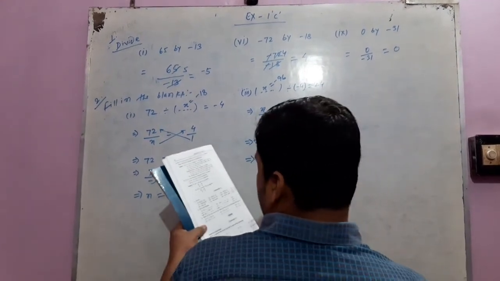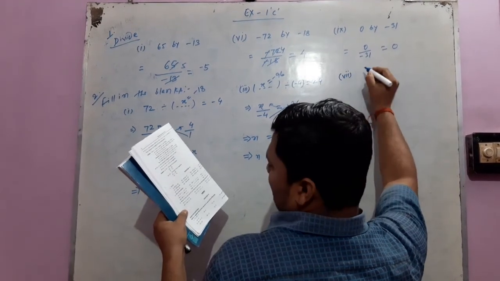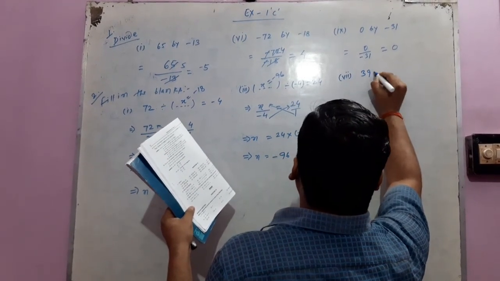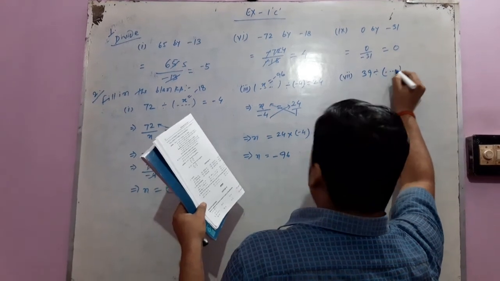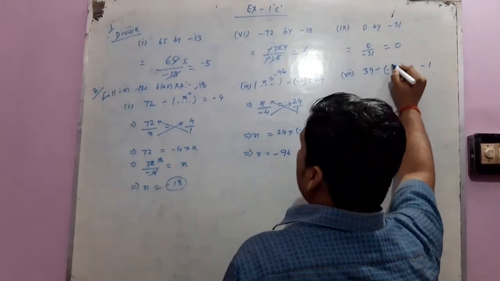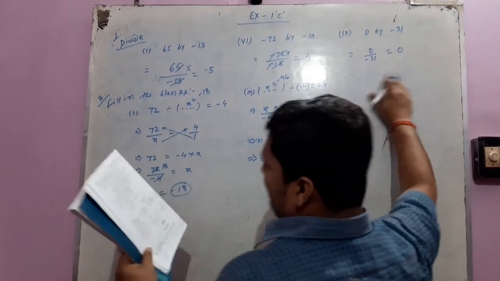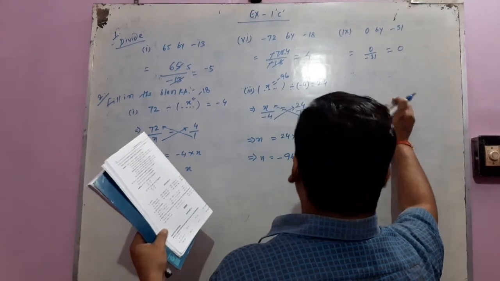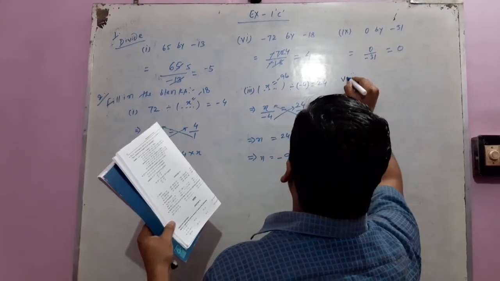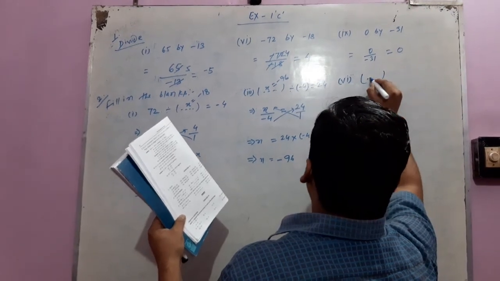Look at question number 7 of the second question. 39 divided by a blank is equal to minus 1. Leave question number 7, it is just like the first question. Look at question number 6. Fill in the blanks.